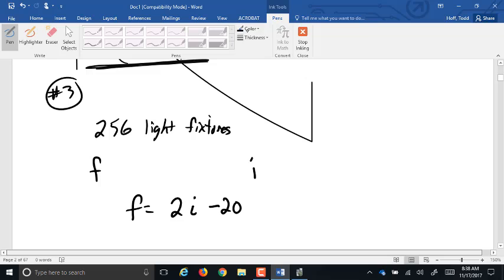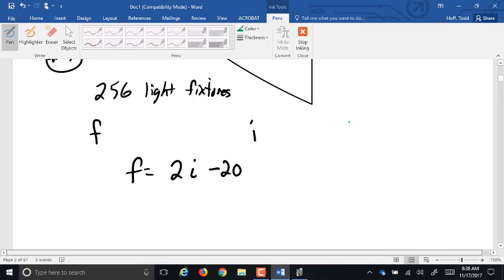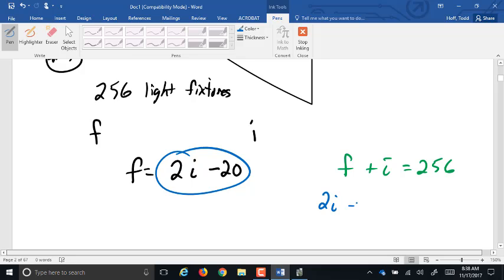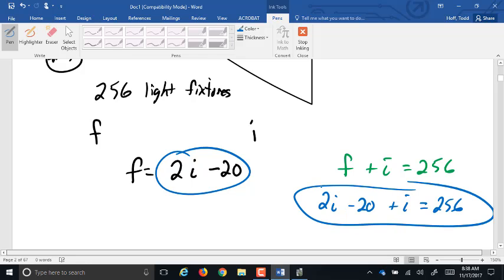F equals 2i minus 20. The total, F plus I equals 256, but F is 2i minus 20, so 2i minus 20 plus I equals 256. Then go from there. I'll let you finish that.